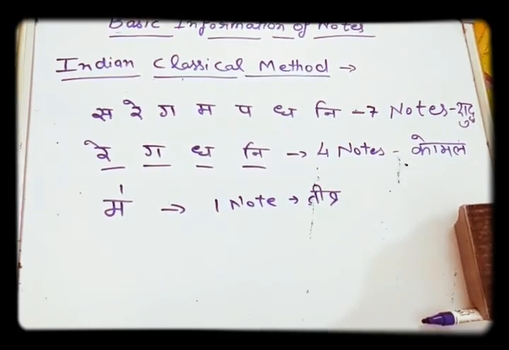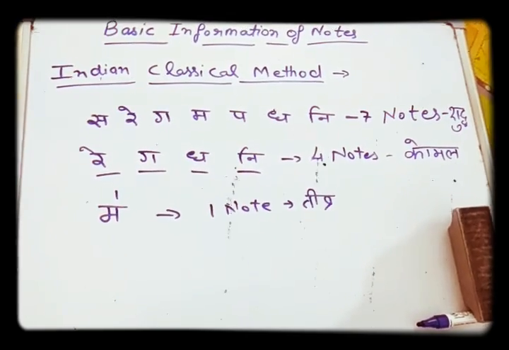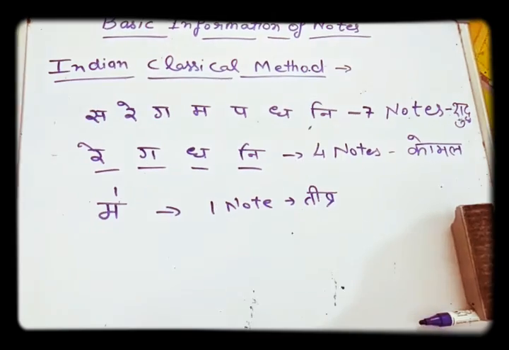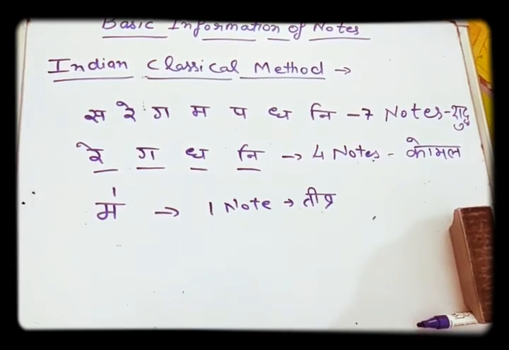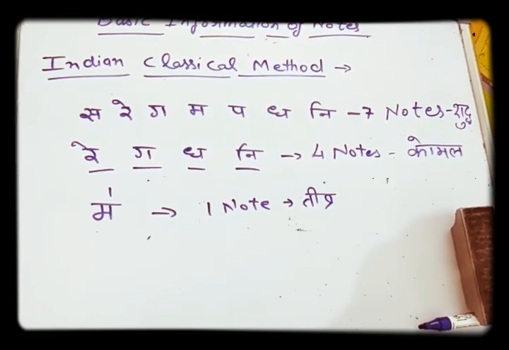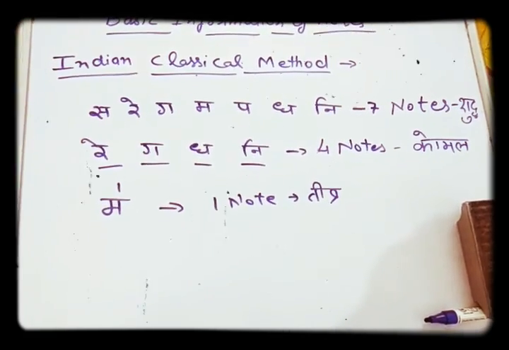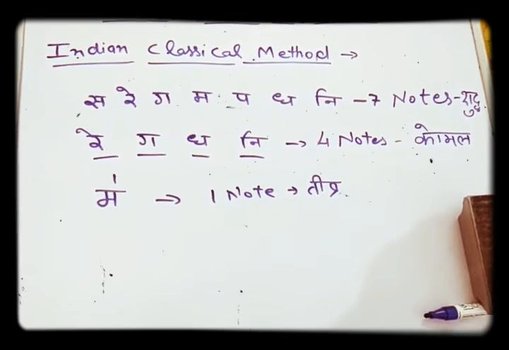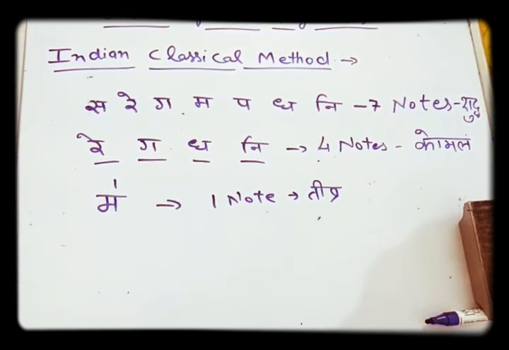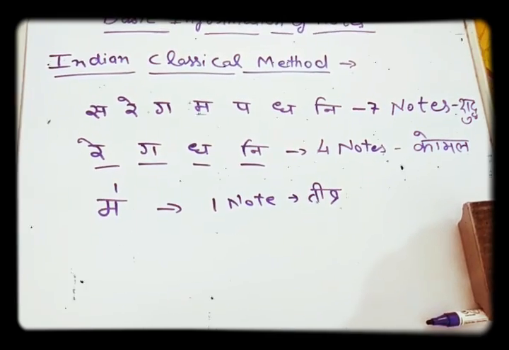They are all underlined, means a bar sign is there. Then there is one note which is Ma. It is also called the Tivra note or the sharp note. So this is the way we usually play the notes in the Indian classical method, or we do identify.